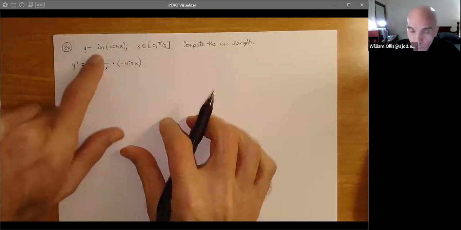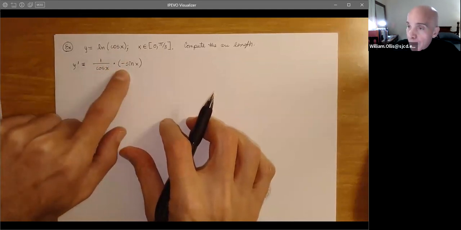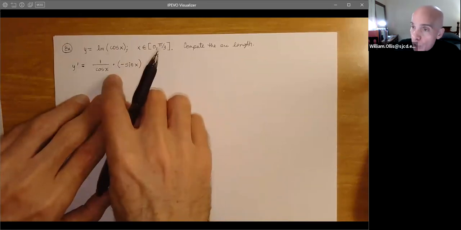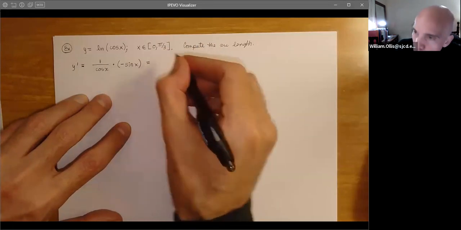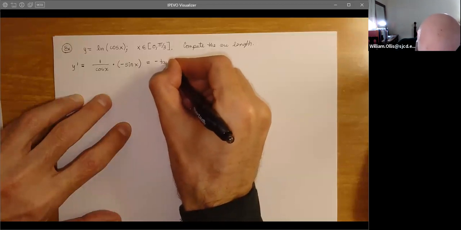So again, when we differentiate a log, we reciprocate the argument, and by the chain rule, multiply by its derivative. But of course, now this is sine over cosine with a negative. So it probably is of no issue to go ahead and write this as negative tangent x.